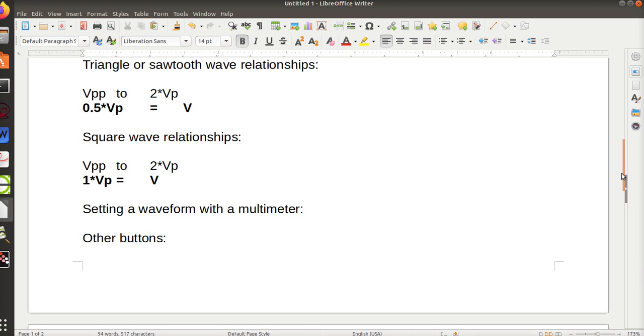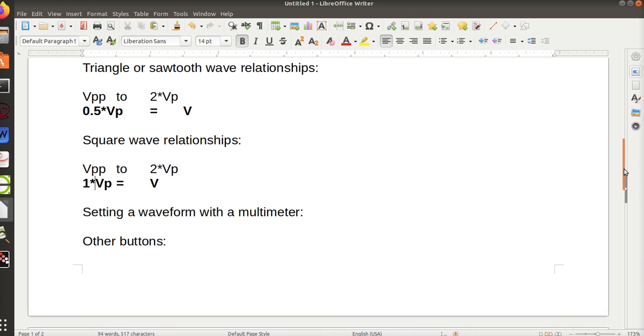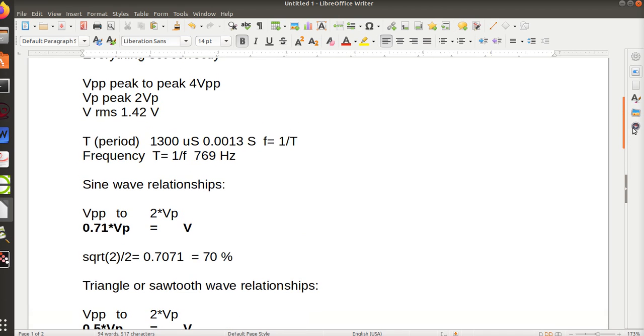Frequency is frequency. So it doesn't matter whether it's sine wave, square wave, or triangle wave, your multimeter is going to report the frequency. So if somebody tells you they want 1 volt peak, 1,000 hertz or 1K hertz sine wave, then 1 volt peak would be 0.7.